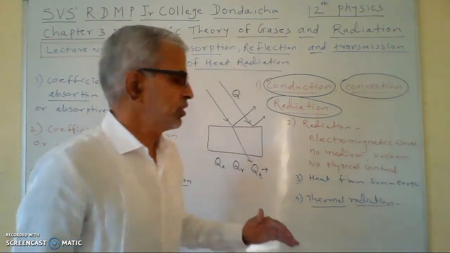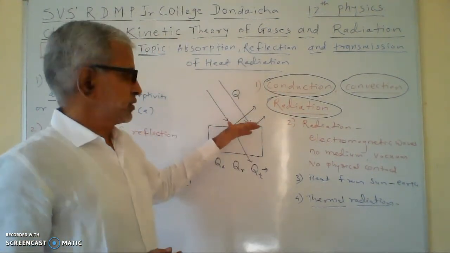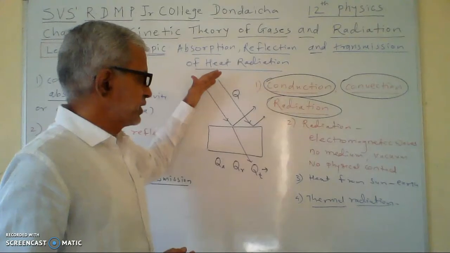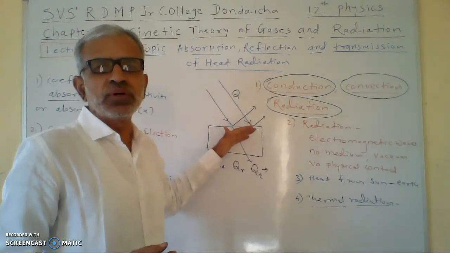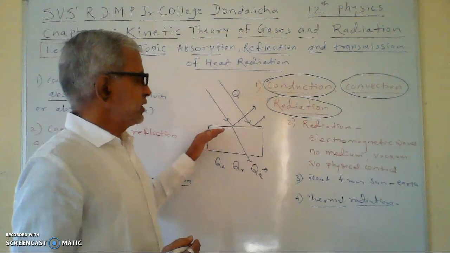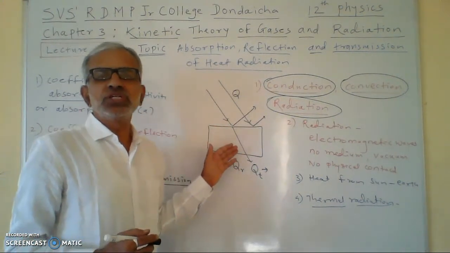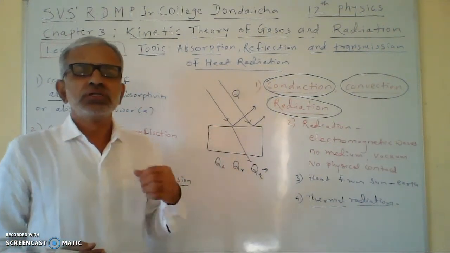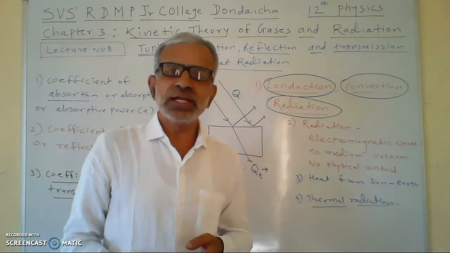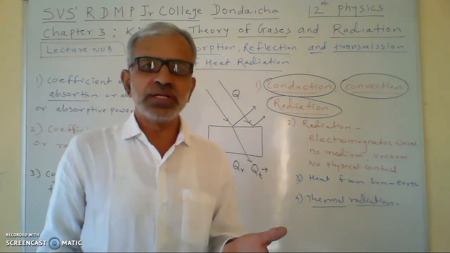If radiation is incident, thermal radiation is incident on some body, then some radiant energy will be absorbed, some radiant energy will get reflected, and some radiant energy will get transmitted.